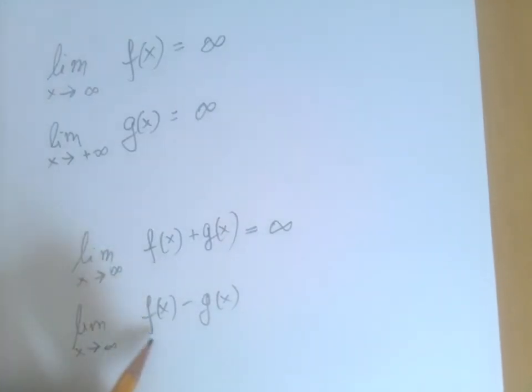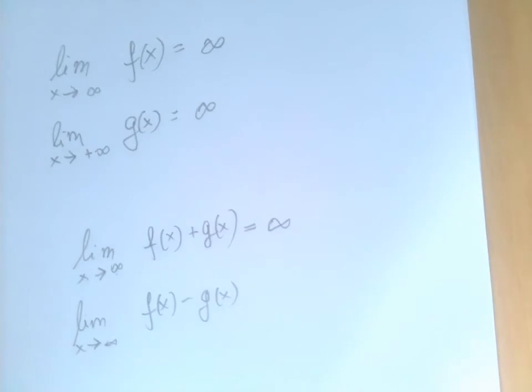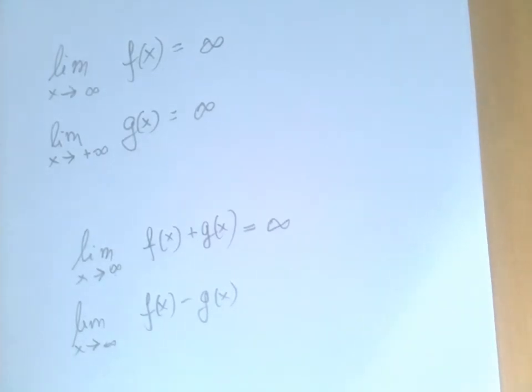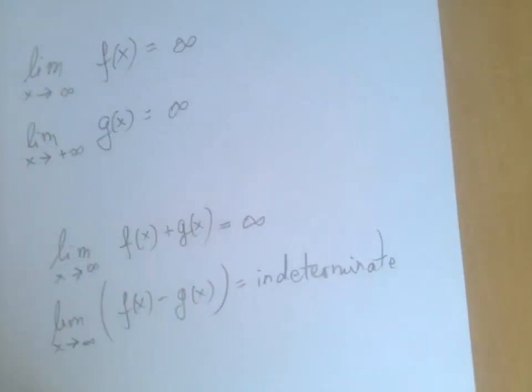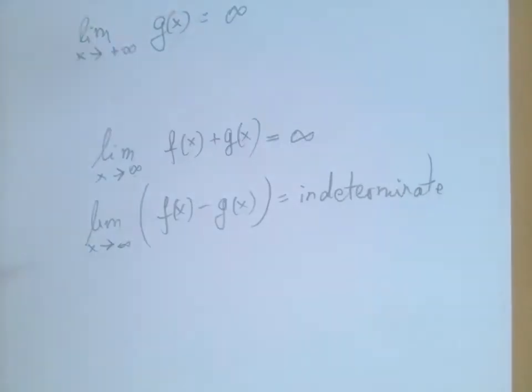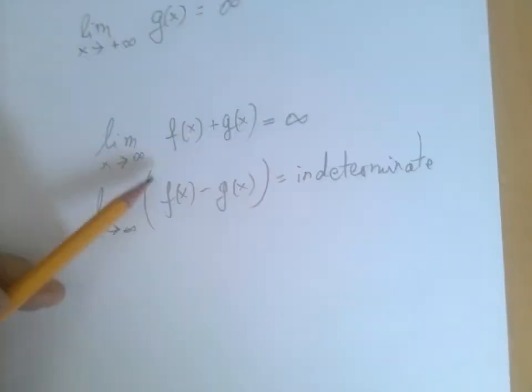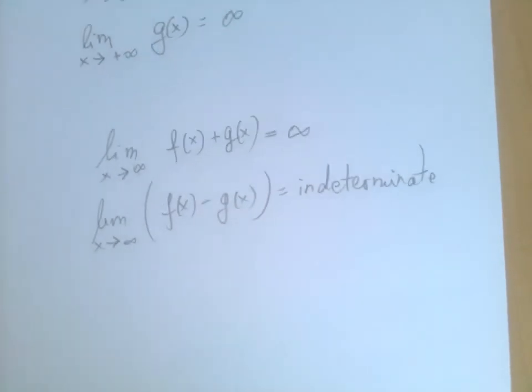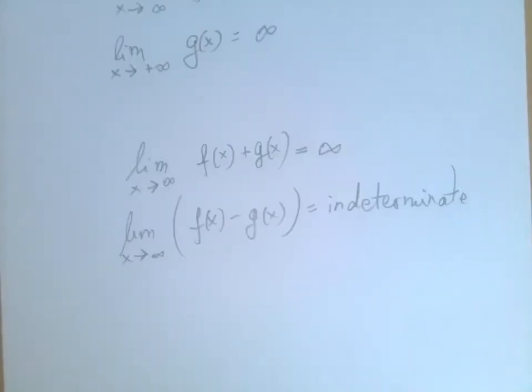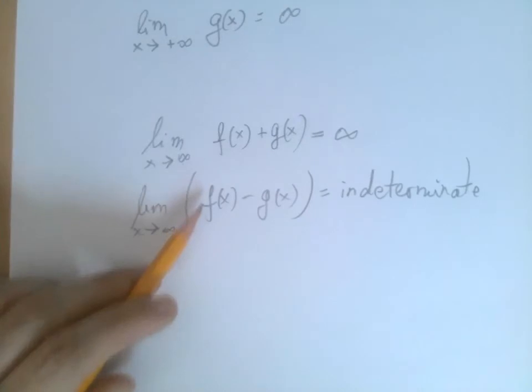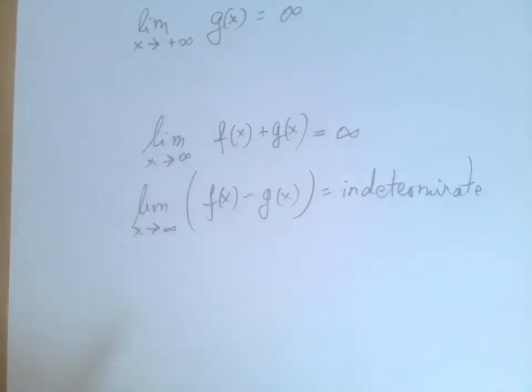What about here? Now we take a gigantic positive number and subtract it from another gigantic number. Well, who is bigger, right? This is what we call an indeterminate. Think of indeterminates as gigantic opposing forces. f of x wants the answer to be plus infinity, minus g of x wants the answer to be negative infinity, and we don't know which one wins out. As a matter of fact, we can make up examples with all kinds of different outcomes.